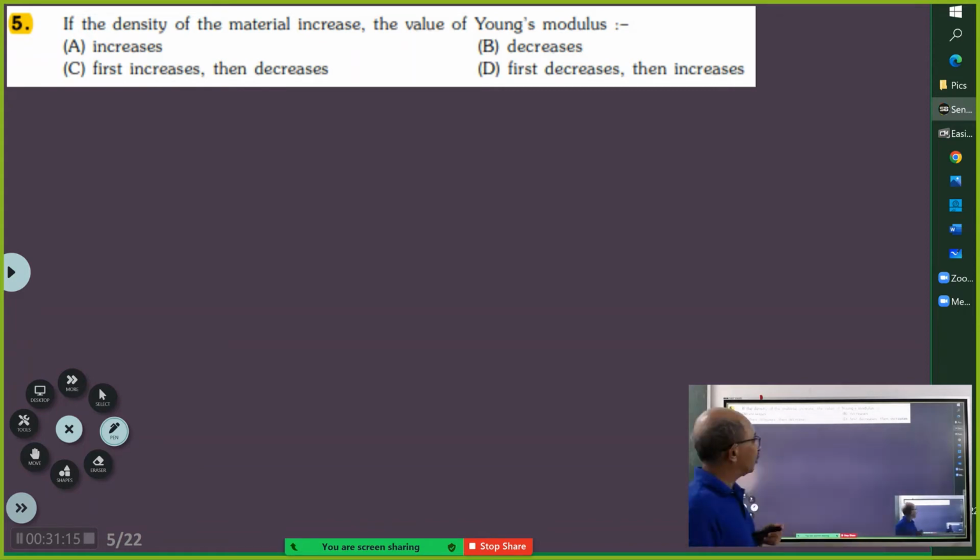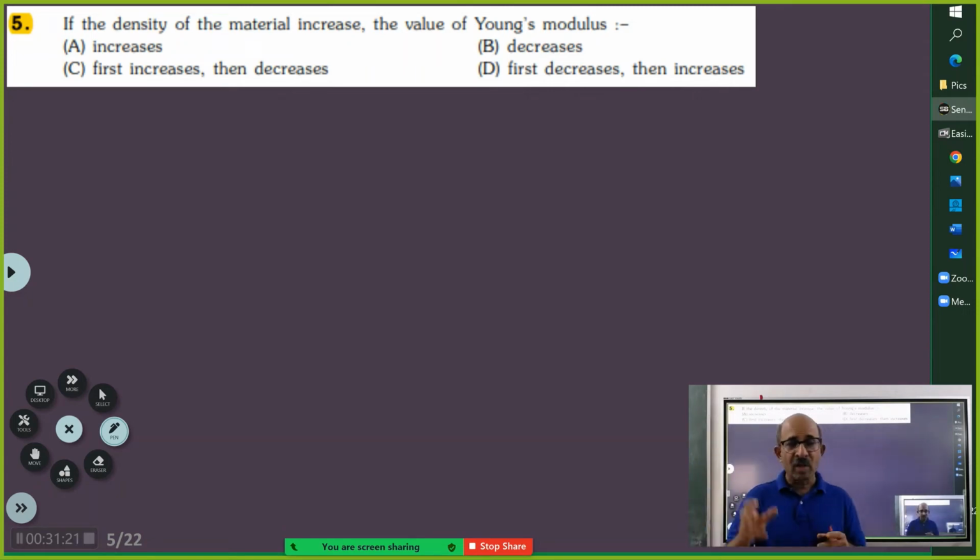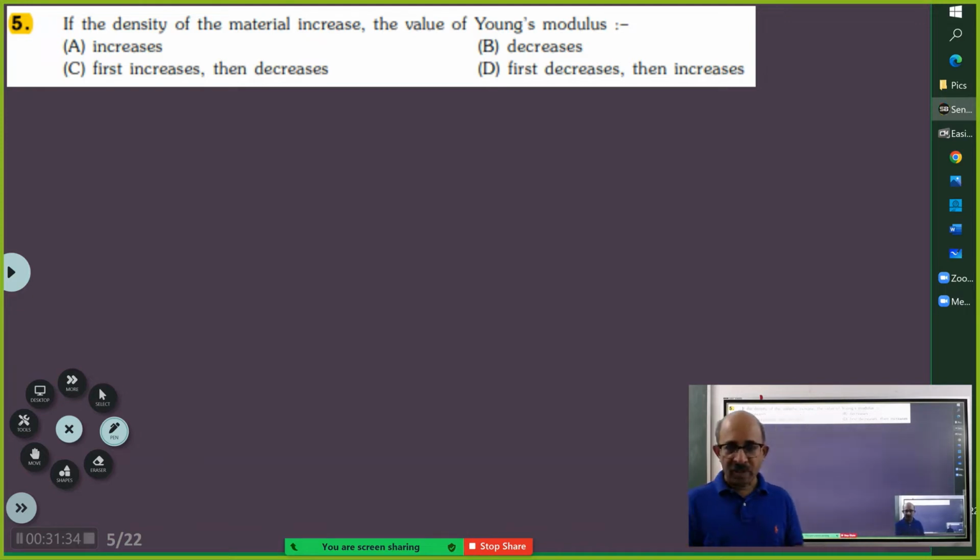And how do you measure it? What is Young's modulus? Young's modulus is a measure of how much stress it is able to develop. If the material can develop more stress, that means its Young's modulus is more. Got it? So that is the connection between the two, and therefore it will increase. Got it?